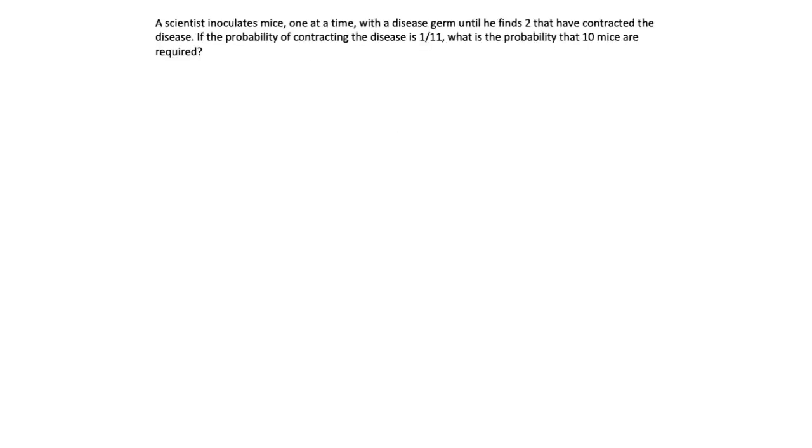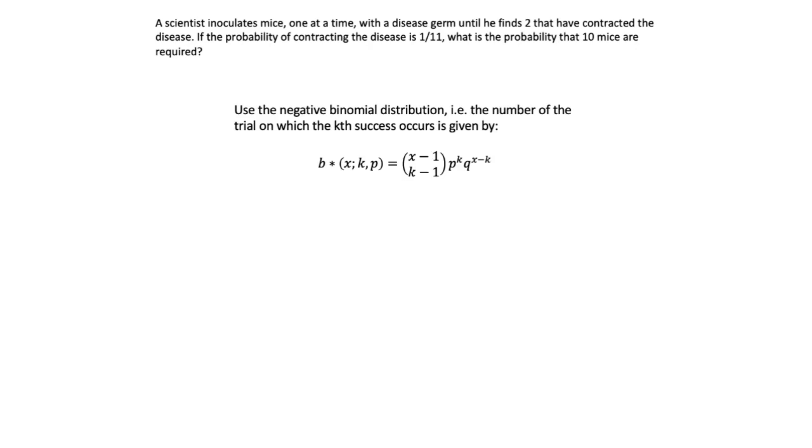A scientist inoculates mice one at a time with a disease germ until he finds that 2 have contracted the disease. If the probability of contracting the disease is 1 out of 11, what's the probability that 10 mice are required? Here we're going to use the negative binomial distribution.